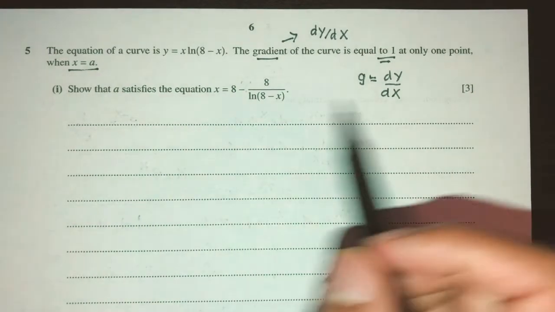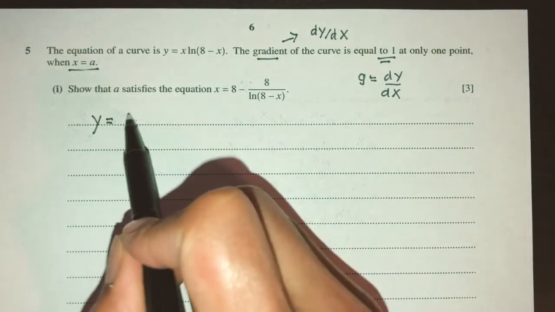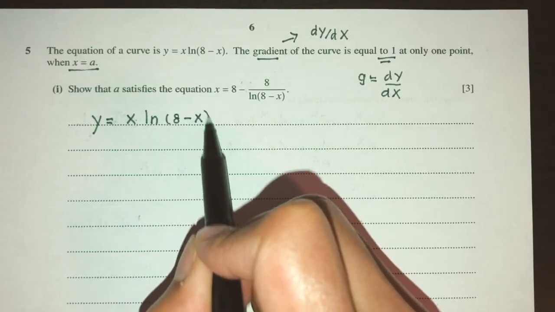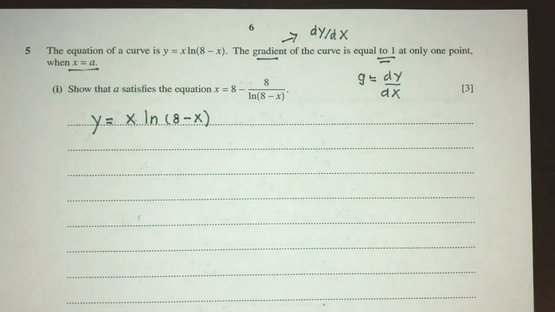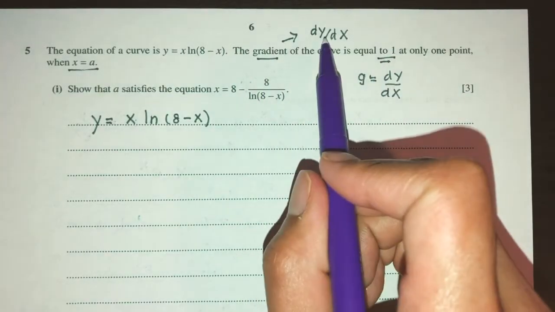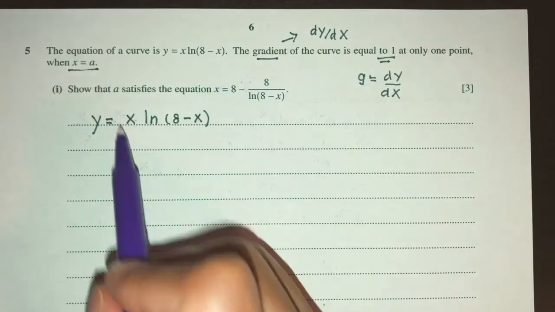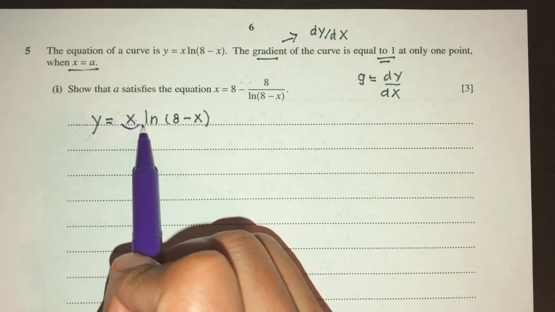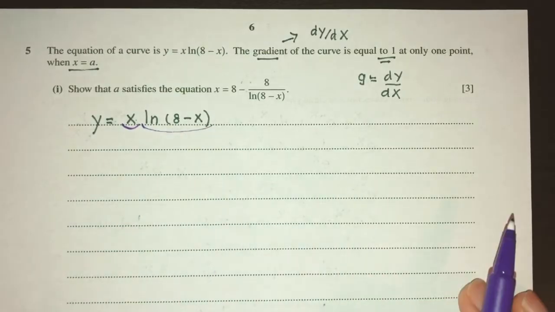So step by step, at first we have y, which is your equation, x ln of 8 minus x. But now we know that we are interested in the gradient equal to 1, which is dy by dx equal to 1. So let's first find dy by dx. Now you observe this one is a product, so we have to use our product rule.